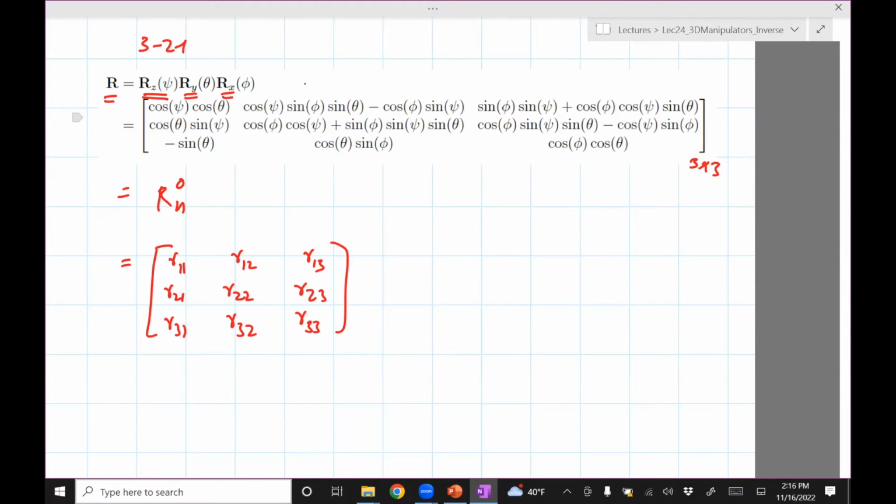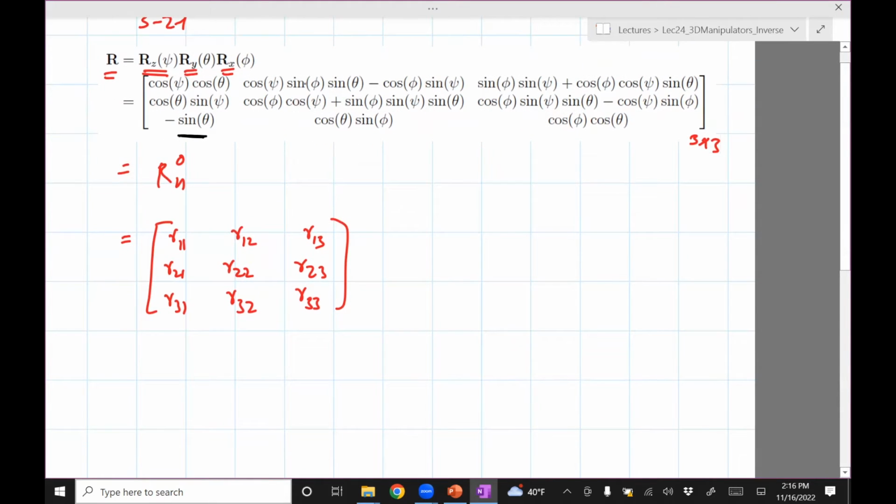We can see that row 3, column 1 is minus sine theta, and that's probably the easiest way of computing theta. So in order to figure out theta ref, it's going to be simply sine inverse of minus R31.